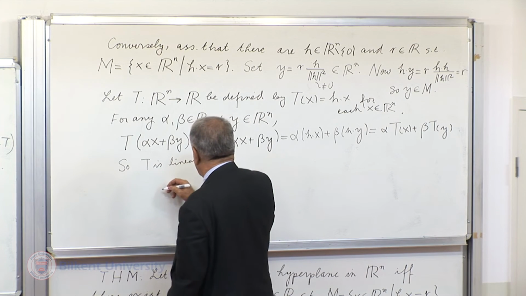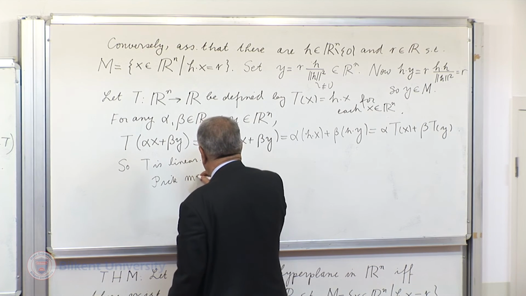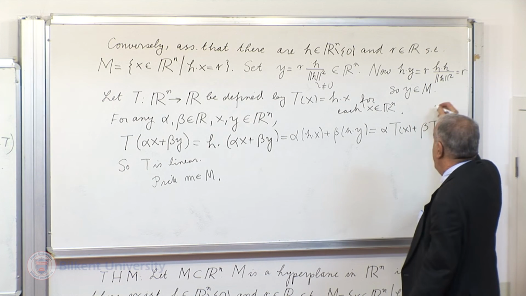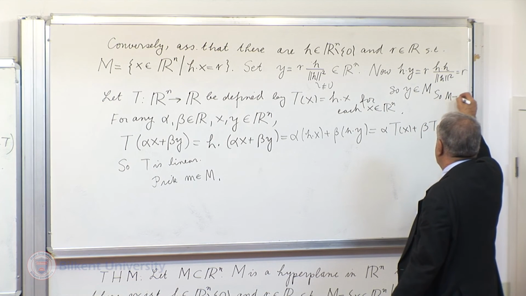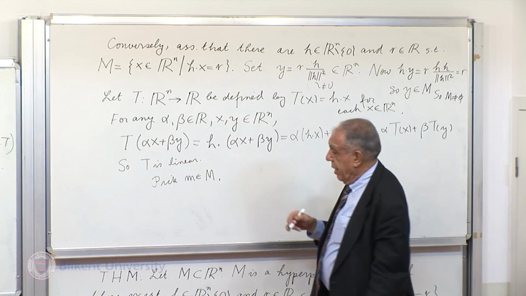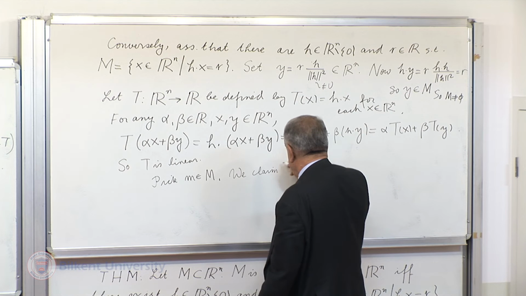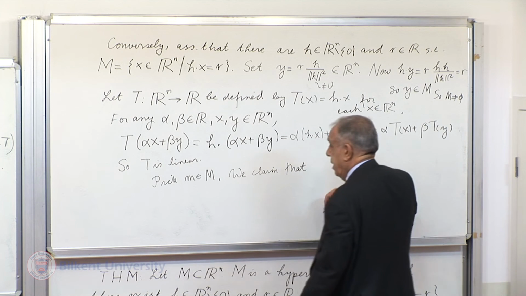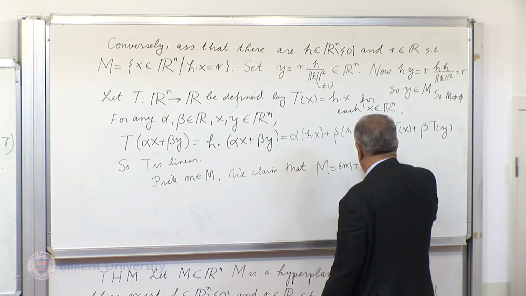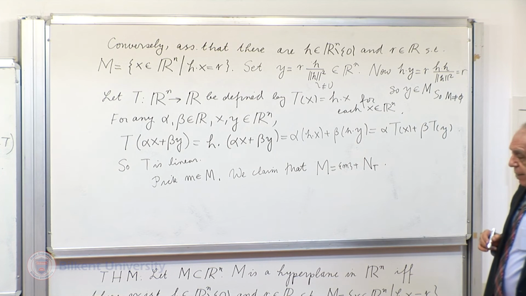well, let me write that as a claim. Now pick m from M. We can do that because we have shown that it's non-empty. Okay? M is non-empty. Well, take any m in M. We claim that M is the singleton m plus the null space of this linear map, N(T).